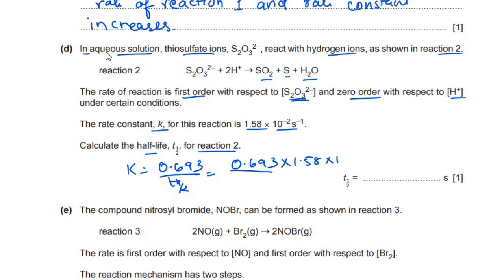Because we want to find out the half-life, we need to divide 0.693 by the rate constant, that is 1.58 × 10^-2, and we get the T half. So let's find out T half, and it is 43.9 seconds. That's what my calculator is giving me as the answer.